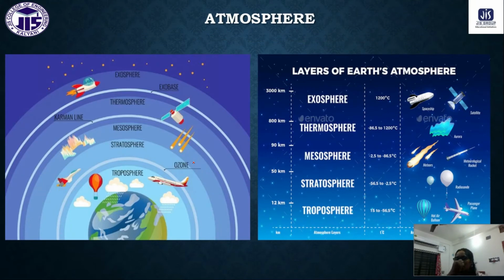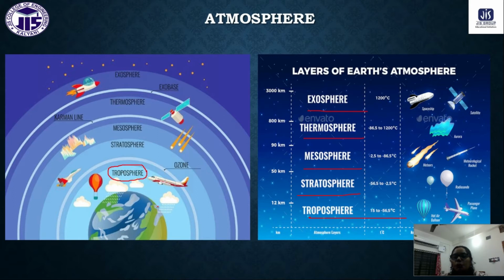Okay, now the atmosphere. This is the total set of layers of the atmosphere we have. Around the earth's surface where we live, that is the troposphere.